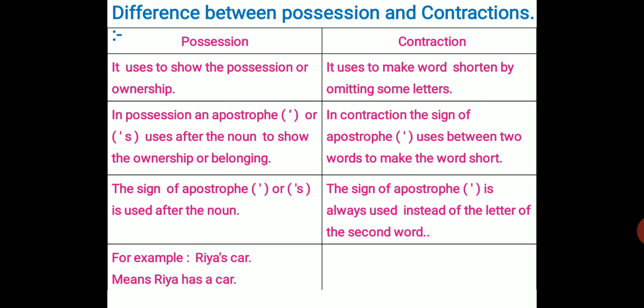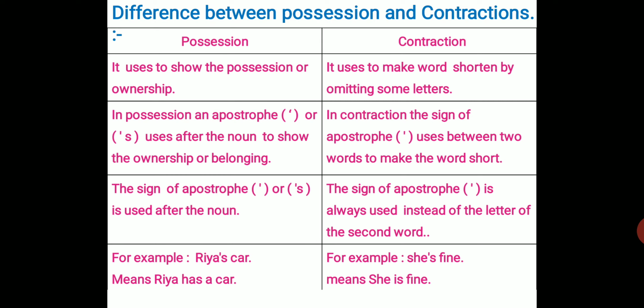Let's see the examples. For example, Riya's car means the car belongs to Riya, so the sentence will be Riya has a car. Right? But in a contraction, the example will be: she's fine. Just listen carefully. She's fine. It means that she is fine.